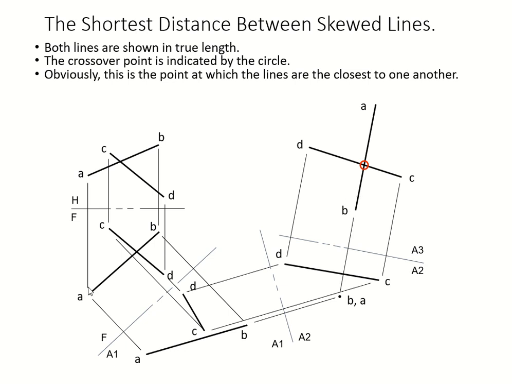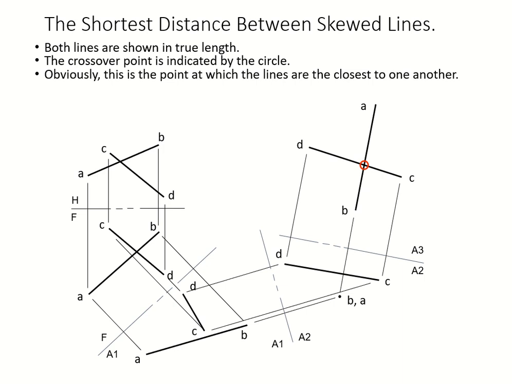Don't forget, we started out with a parallel to this first fold line, and then get our true length, and then project it on and ended up here, and this is the point, your intersection point, okay? Apparent intersection, actually. We just call it crossover is better, I guess. The crossover, because they're not actually intersecting, they're just on top of each other, yeah? And this is the closest, yeah, to one another.